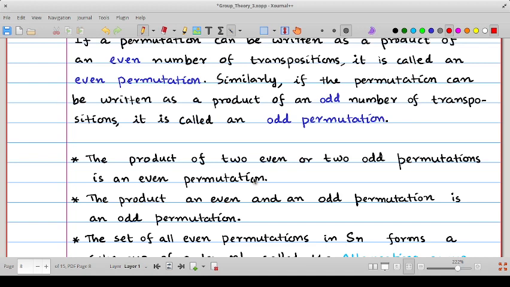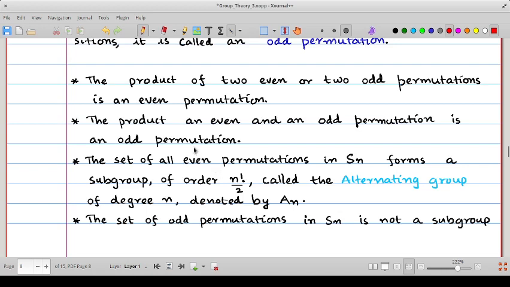So their product will have an even number of transpositions. So the product of two odd permutations will be an even permutation. However, if we take a product of an even permutation and an odd permutation, the resulting permutation will have an odd number of transpositions, and therefore the resulting permutation will be odd.